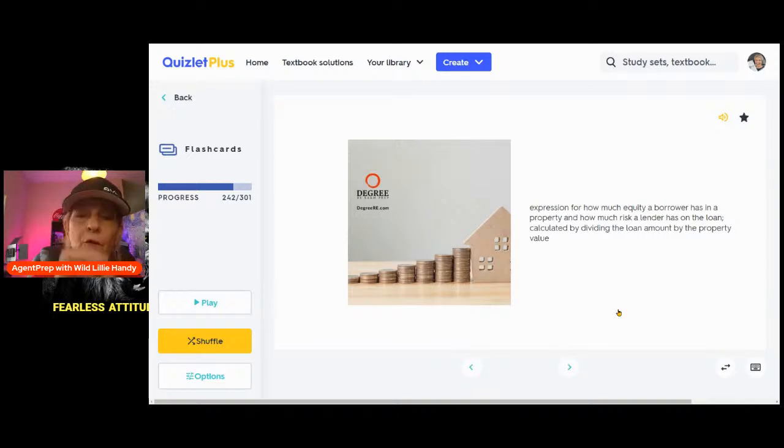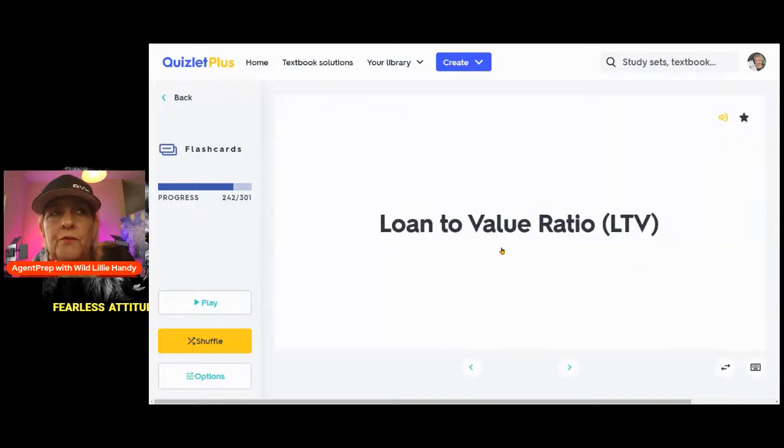So the loan is 400,000. The property value is 600,000. So then we get a rate. What is that percentage? It is dividing the loan amount by the property value. Loan to value. Loan goes above, value goes on the bottom.